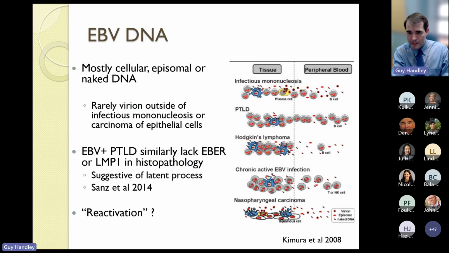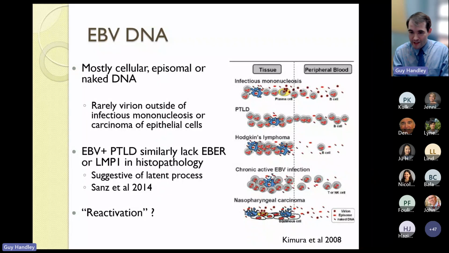This is from that same study, just a nice picture I really like, showing when EBV DNA is detected in certain clinical scenarios, what are you actually detecting? So at the top, you have acute mononucleosis. The virion is the purple circle with a little bit of a red ring around it. But even in acute mononucleosis, a large percentage of that DNA is still unencapsulated DNA or episomes.